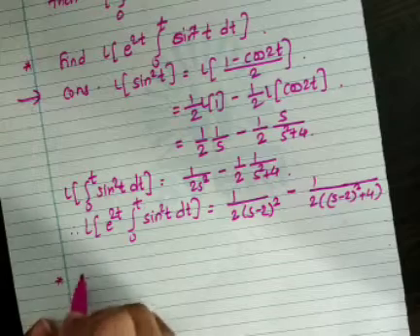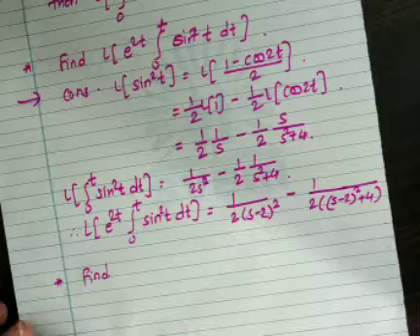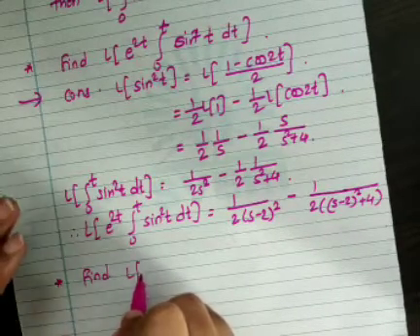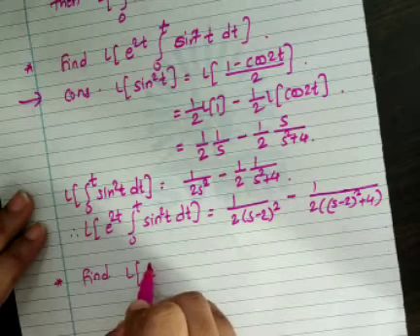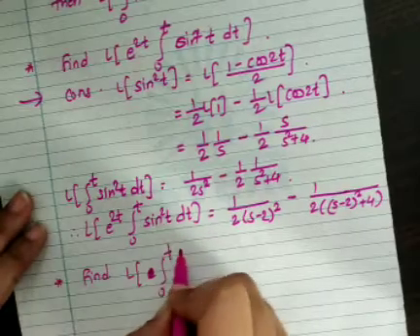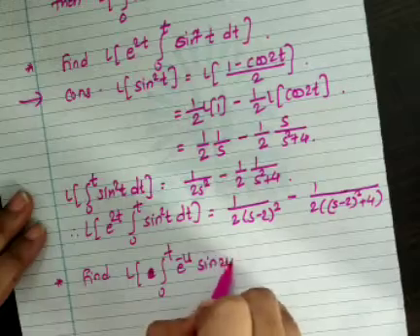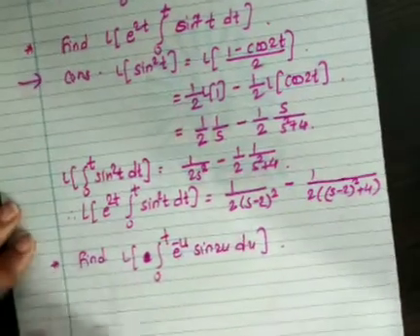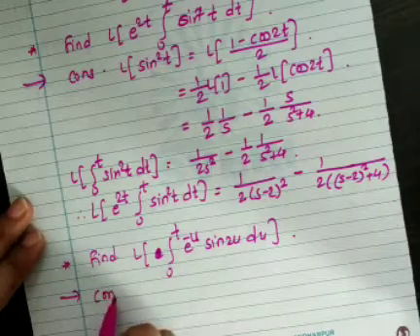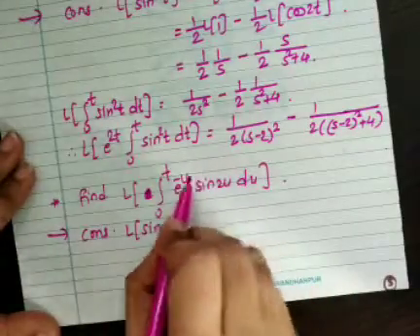We'll solve one more example. Find the Laplace transform of e raised to minus u sine 2u du, integration 0 to t. First we have to consider Laplace of sine 2t, just t is changed by u.